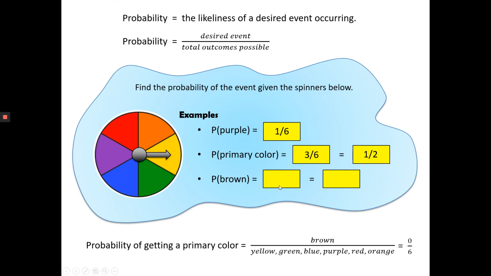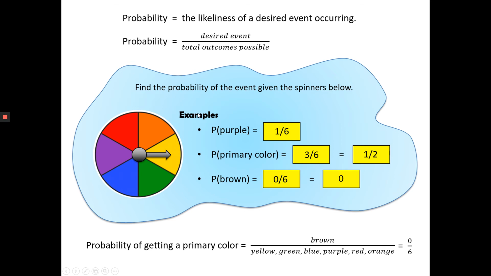It's going to be 0 out of that 6. This is the lowest a probability can be. If it's 0 out of 6, what can that possibly simplify to? If you got 0 on top, 0. The likeliness of that is not at all. 0%, 0 as a decimal, 0 as a fraction. It's not going to happen.